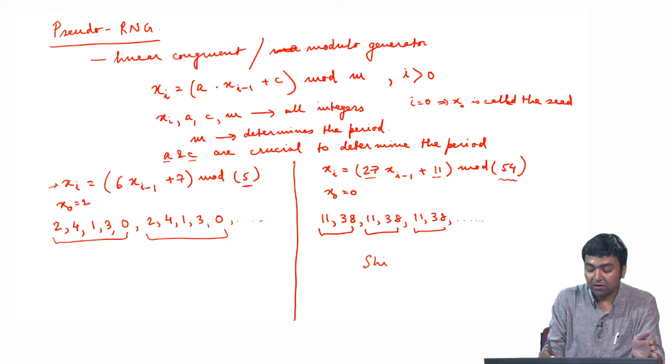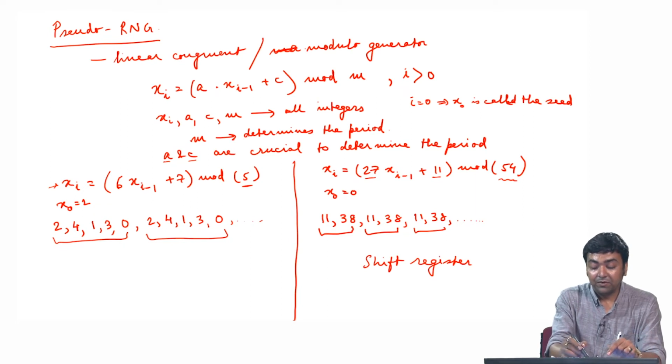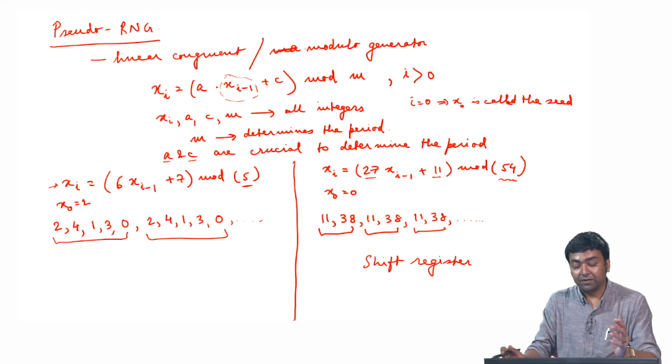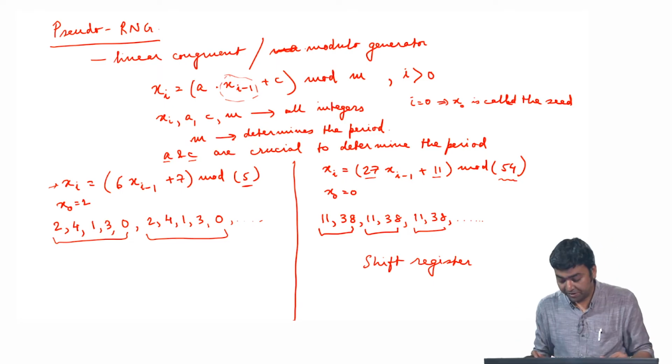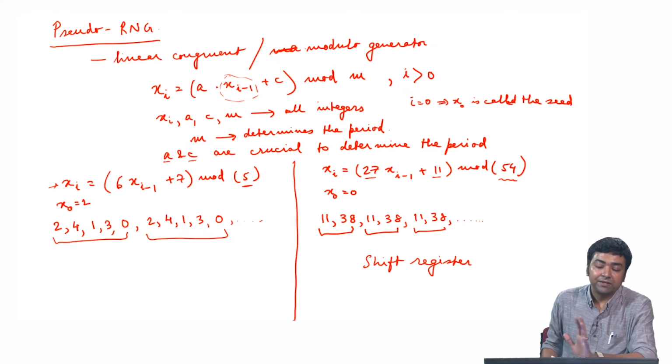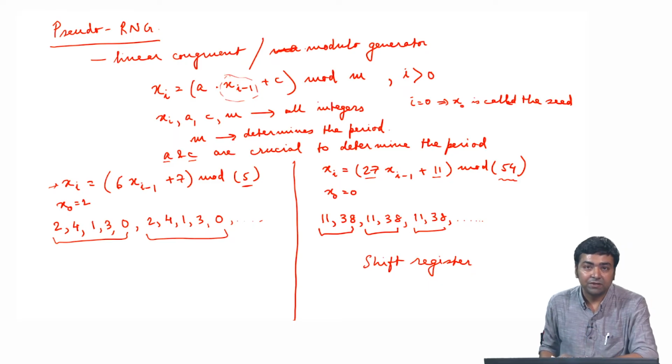That method is called the shift register method, where, unlike here where I am using just one previous number, they use a combination of such numbers and generate much longer periods.